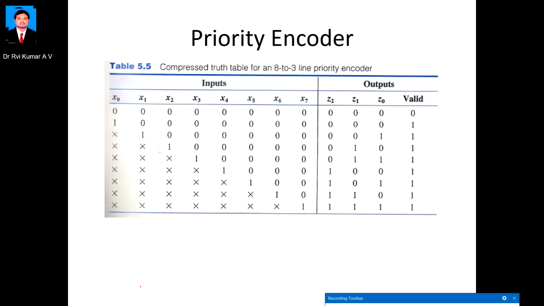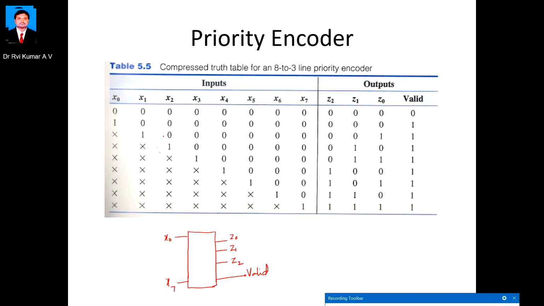Let me show the priority encoder truth table. Here I have taken the 8 to 3 priority encoder. So we have 8 input lines, x0 to x7, and 3 outputs, z0, z1 and z2, with a valid output.